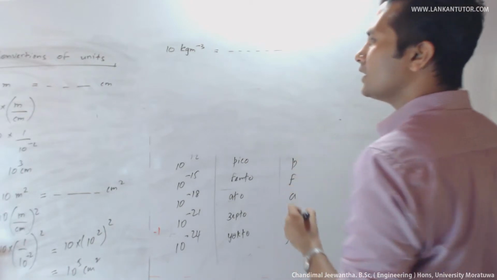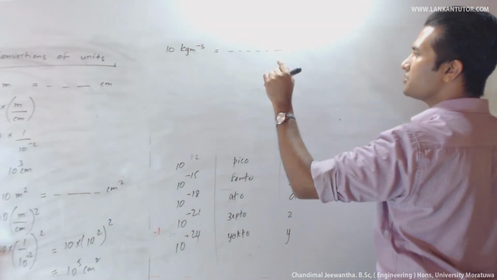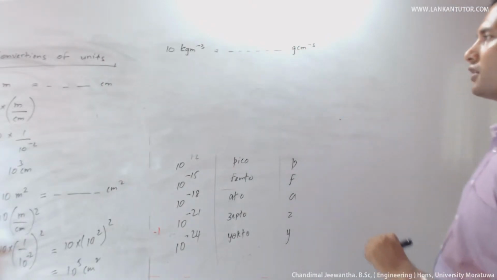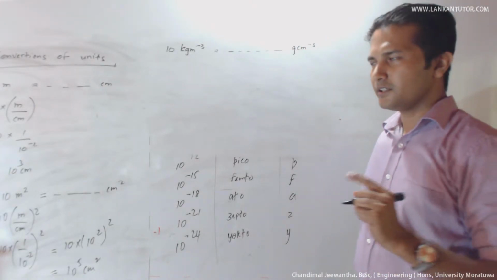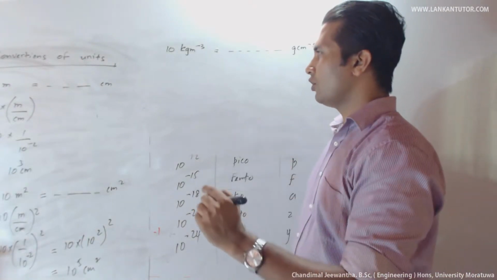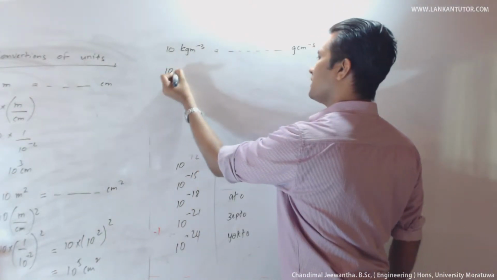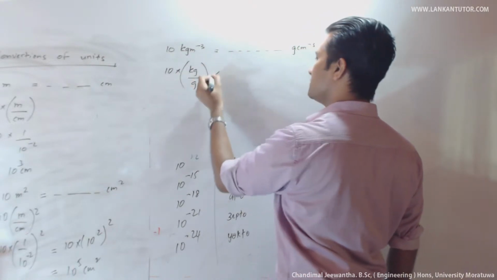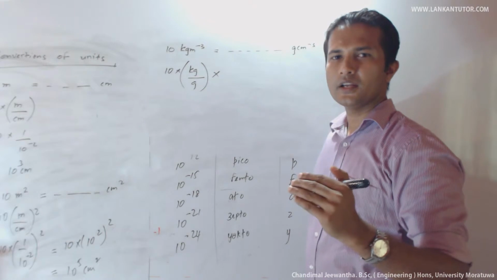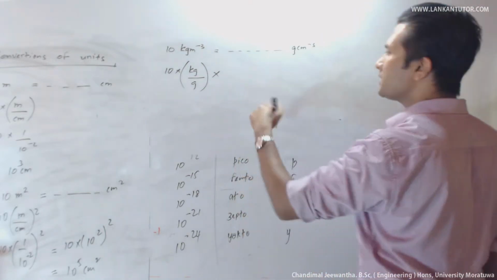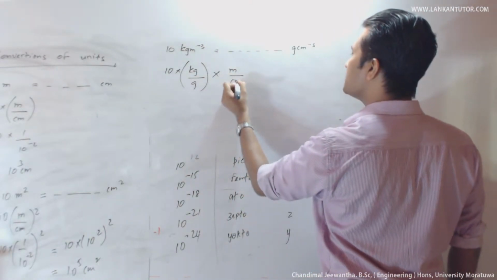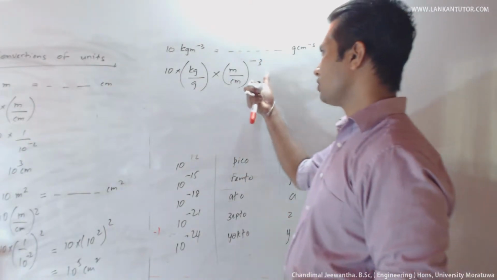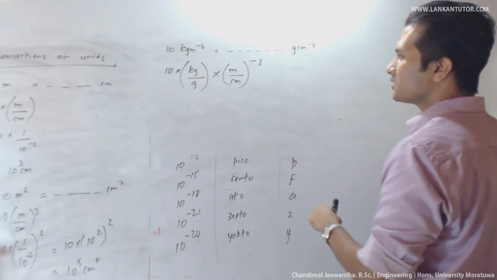We have to convert those kg into grams and followed by centimeter cube. In order to follow the normal procedure, take the ratio between kilograms and grams, and then take the ratio between meters and centimeters. The main important thing is to put power such as minus 3.